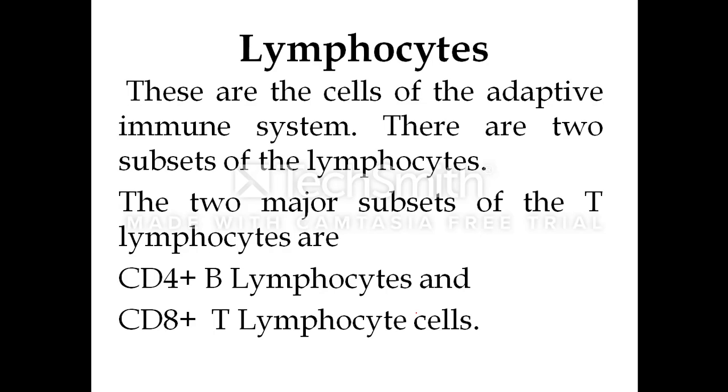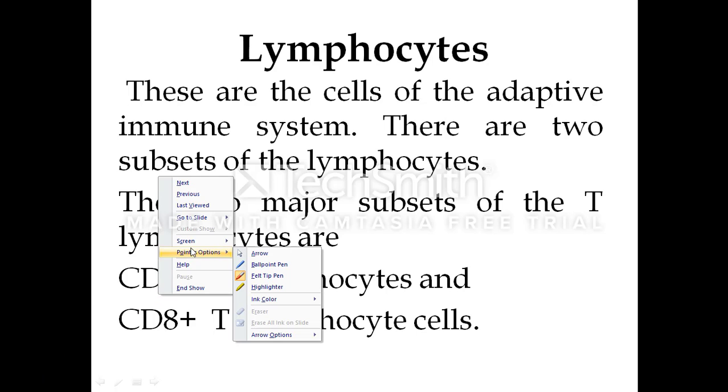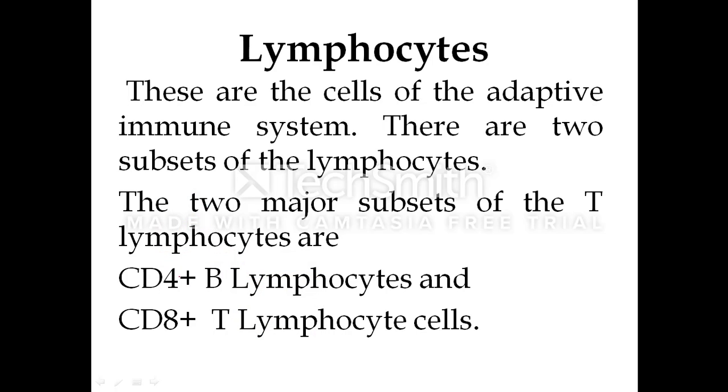Lymphocytes. These cells are derived from the lymphoid progenitor cell. These are the cells of the adaptive immune system. There are two major subsets of lymphocytes. One is the CD4 receptor expressing lymphocyte, CD4 plus.